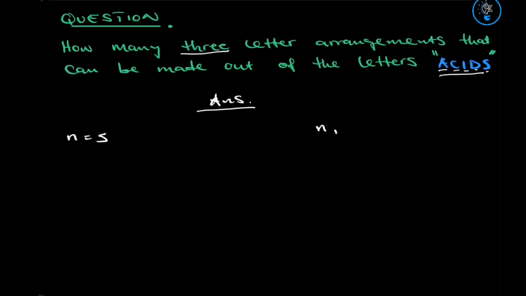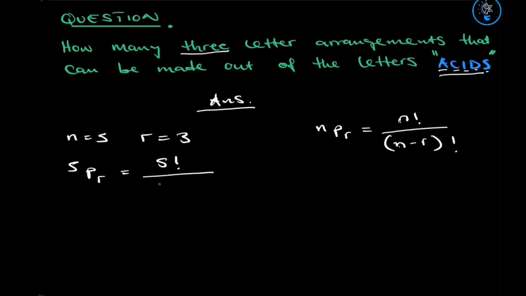So looking at our formula for permutation, r, which represents the number of letters per arrangement, is equal to 3. Now let's substitute them in our formula. We are going to end up with 5 permutation 3, which is equal to 5 factorial divided by 5 minus 3 factorial. And this will be equal to 5 factorial divided by 2 factorial.